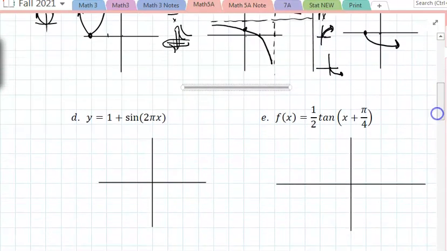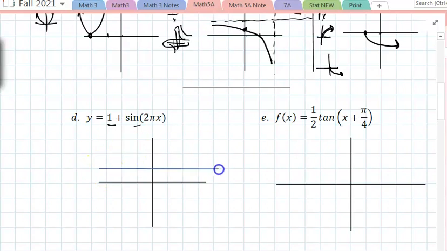And if I get to this problem, well, a sine wave shifted up 1 unit, so I'm going to go up 1 unit. The amplitude is 1, so a unit above 1 and a unit below 1, that makes it y equal 2, and a unit below 1, that makes it y equal 0.